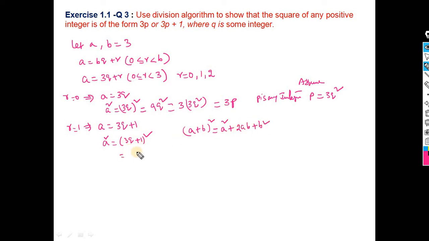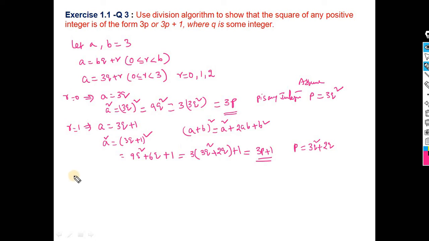So 3q whole square is 9q square, plus 2ab, 2 into 3q into 1, that is 6q, plus 1 square, that is 1. It can be written as 3 into 3q square plus 2q, plus 1, which is of the form 3p plus 1, where I assume p as 3q square plus 2q.